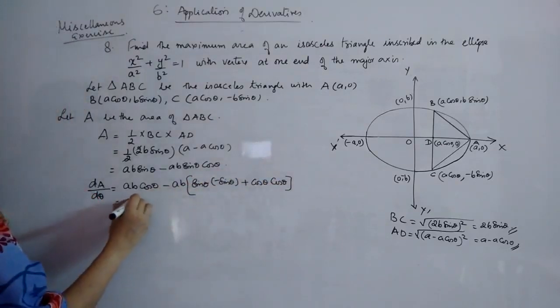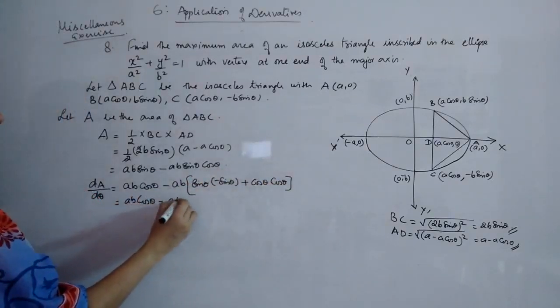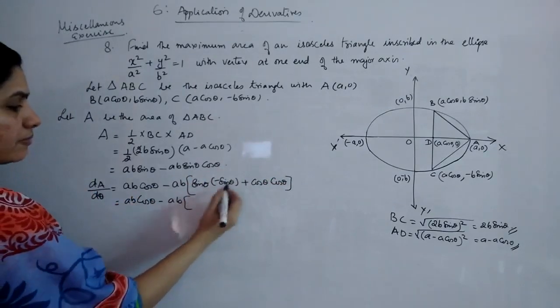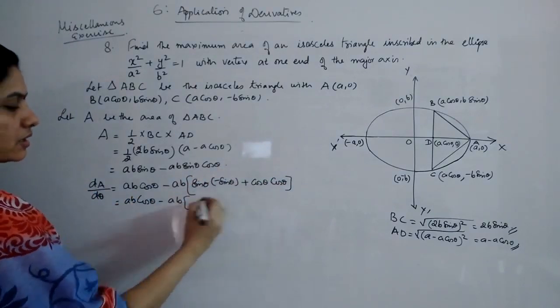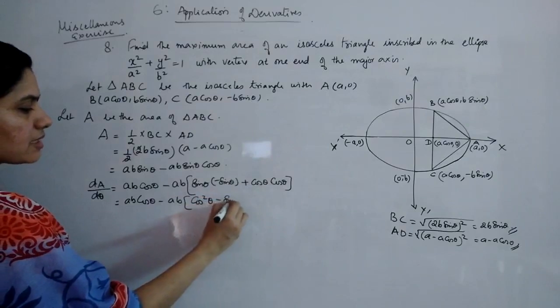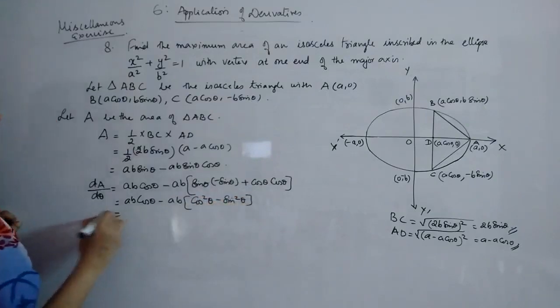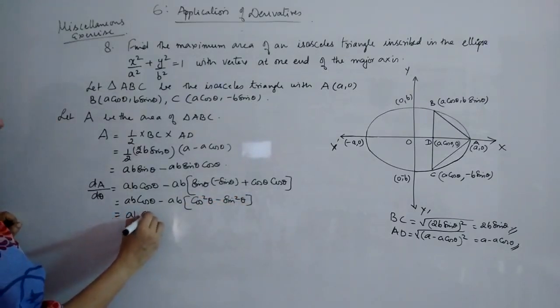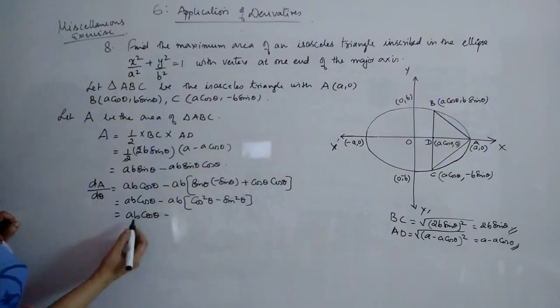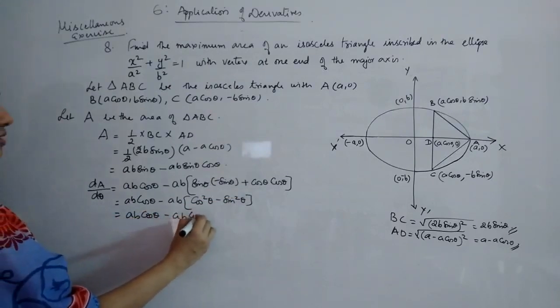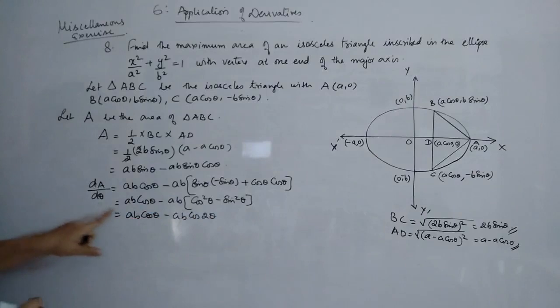So you get ab cos theta minus ab into minus sin square theta plus cos square theta, or cos square theta minus sin square theta. What is cos square theta minus sin square theta? Cos 2 theta. So dA by d theta is ab cos theta minus ab cos 2 theta.